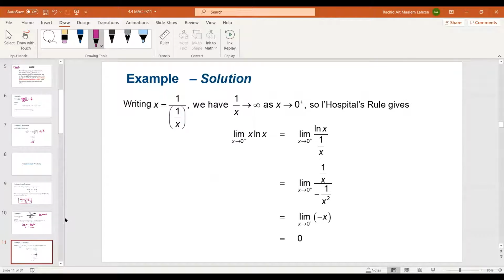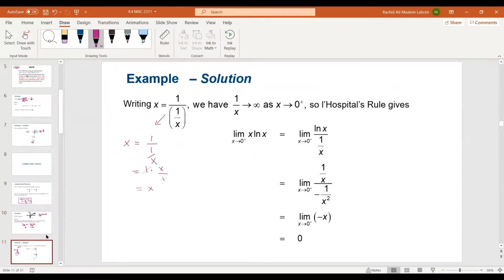Here we take x, just like I did for the numbers. x is 1 over its reciprocal, because x is 1 over 1 over x, and we can show that this is correct when you do keep, change, flip, or multiply by a reciprocal. You can do either one, but let's say we take x and rewrite it as that.